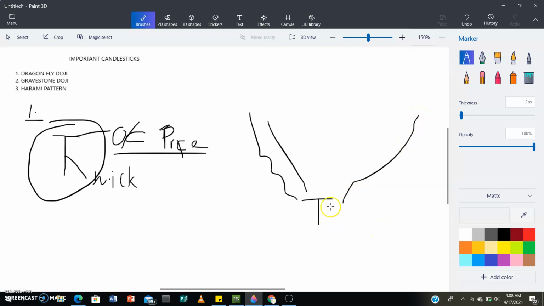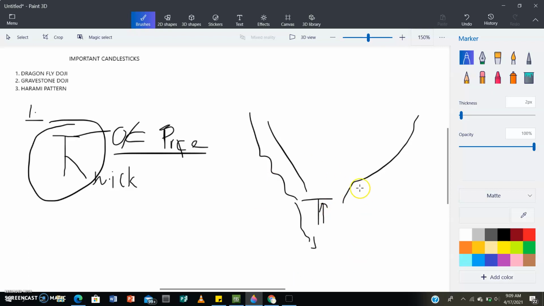Why do we say so? We have this long wick here. This long wick indicates that there is resistance from the buyers and their attempt to push the market up. Initially, the sellers were pushing the market down because we're in a downtrend, but then there is this clear resistance, that's why we say it has a long lower wick. The buyers in the market are now taking over, right?